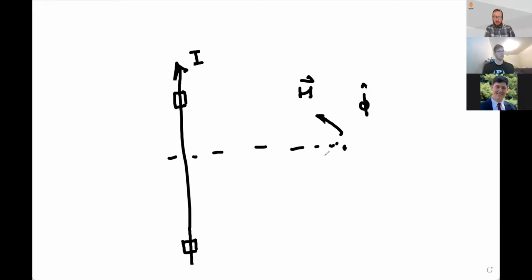And so this occurs for the infinite case, but not for the non-infinite case. It occurs for symmetrical cases. Yeah. If your current started here though, and let's see here.